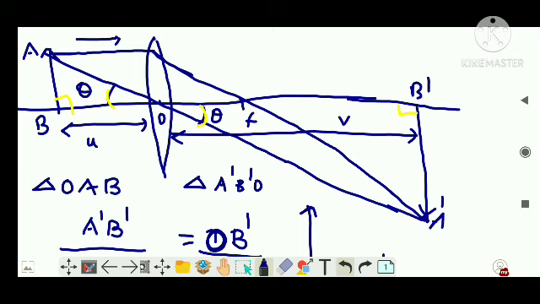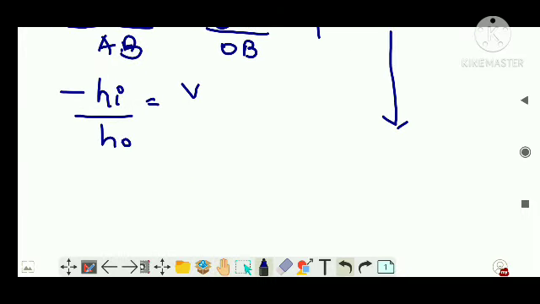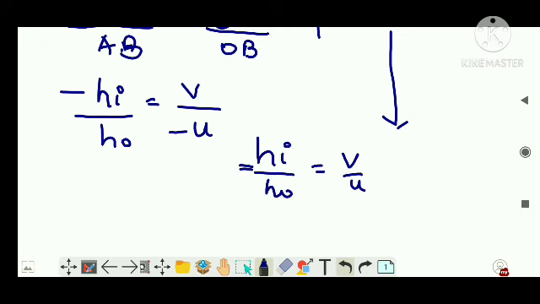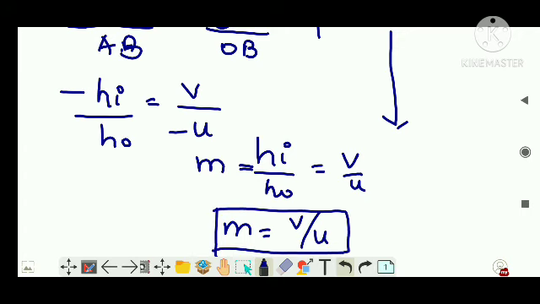So V is measured from here to here, so it is positive, whereas U is measured in this direction, so U is negative because it is opposite to the direction of the incident ray. So I will write V by minus U. That is HI by HO is equal to V by U, and the ratio of height of image to object height is known as magnification. So magnification of a lens is V by U, right?